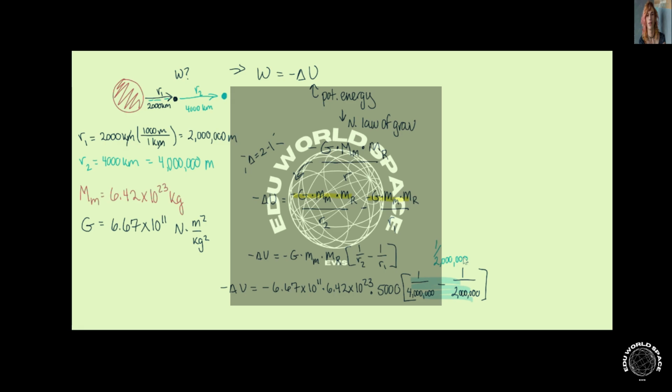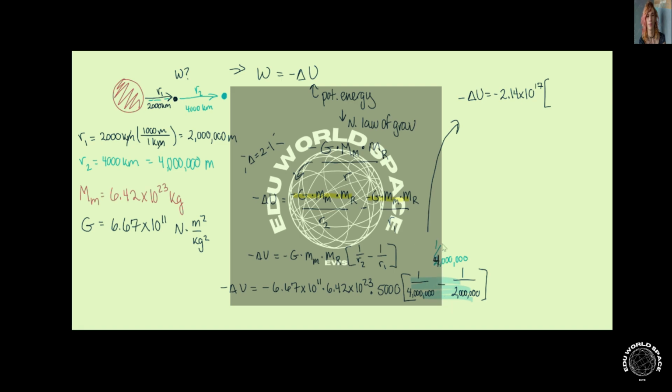Awesome. So if we were to work this math out, our negative delta U is going to equal negative 2.14 times 10 to the 17th, and we're going to multiply that together with our, oh, this is not 1 over 2 million. This is going to be 1 over 4 million.